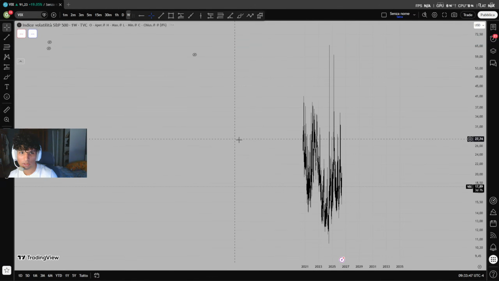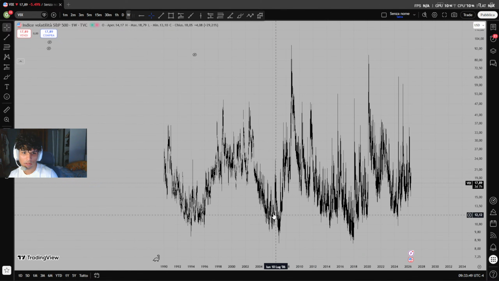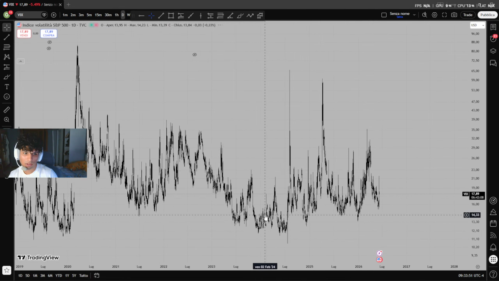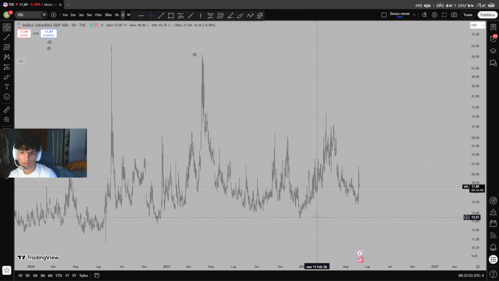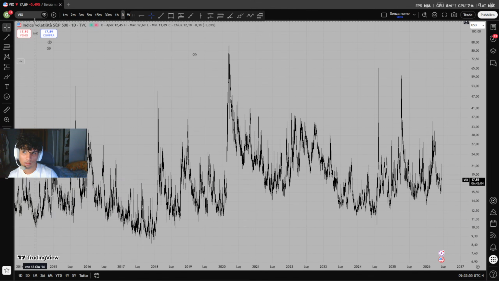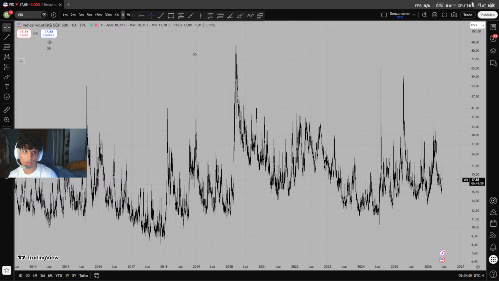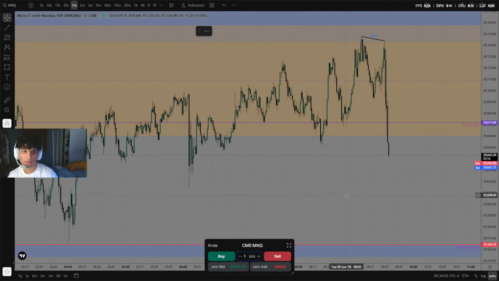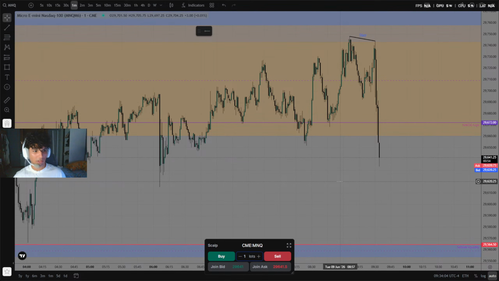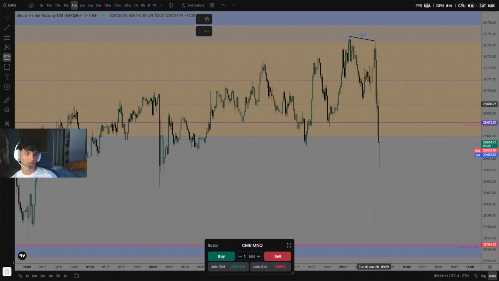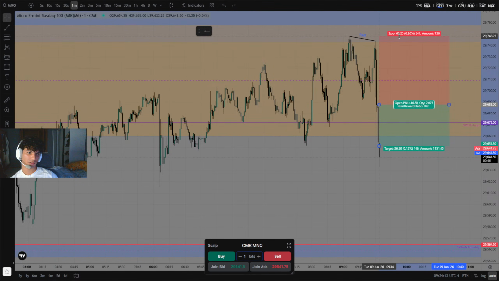This is the VIX for S&P. But the volatility is regular on this one. 37, 39, 40. So the average movement, if I want to put stop loss right here, it's 60 points.